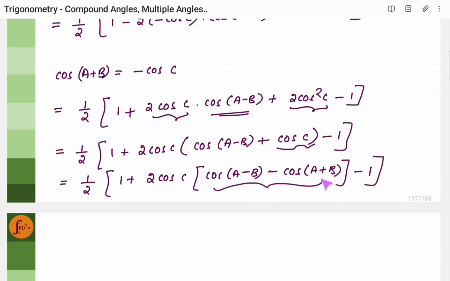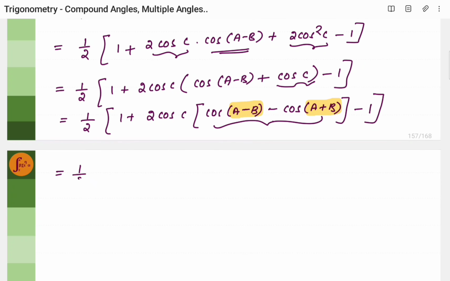Now I'll apply the transformation formula. This is the fourth formula in the first set. Remember, you have negative first, positive as the second term, and there is a negative sign in between. So this is half 1 plus 2 cos C, and this is the sine formula, 2 into sin A into sin B, minus 1.